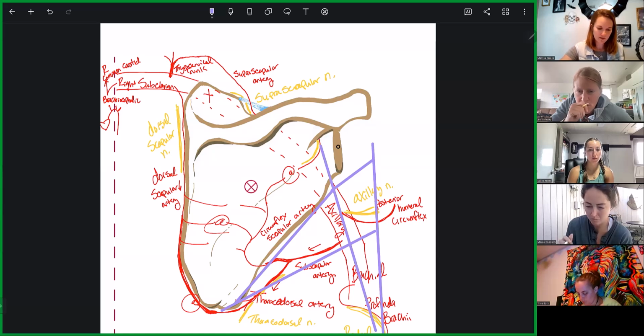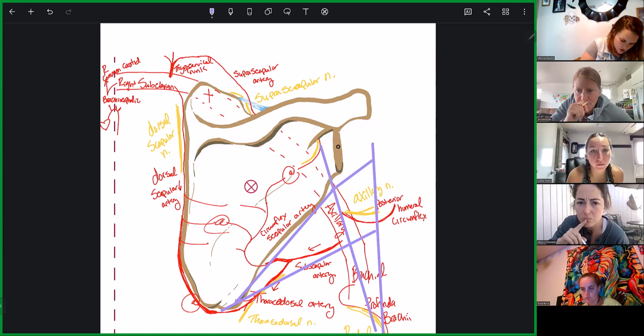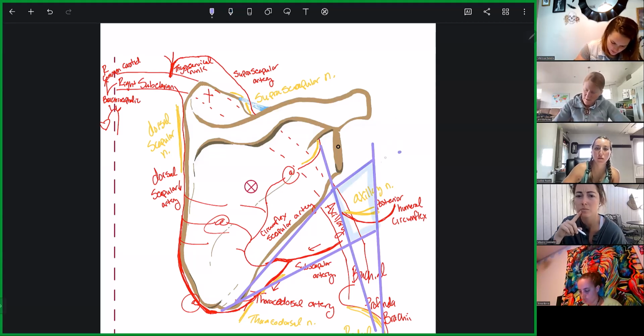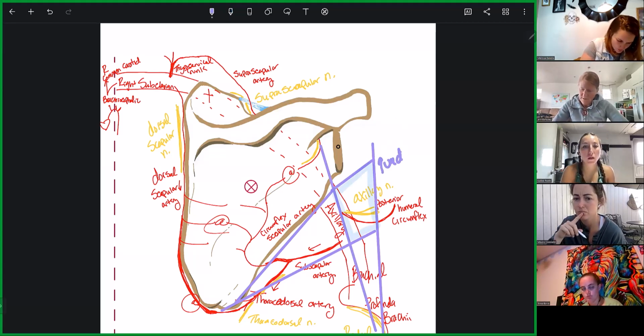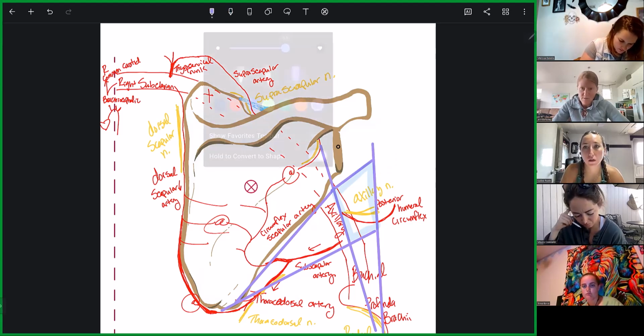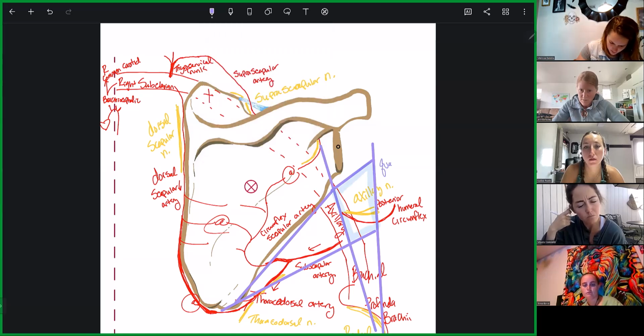Yes. So let's just highlight and put some of these things on here. So here we go. Here's our quadrangular space.